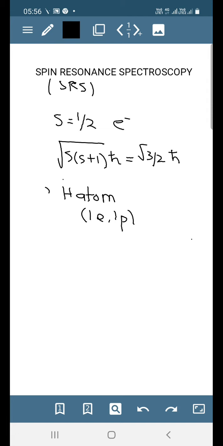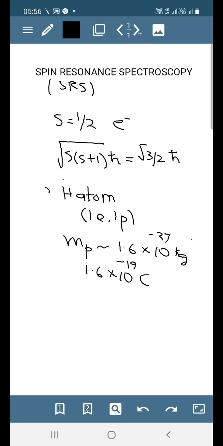The mass of the proton is 1.6 into 10 to the power minus 27 kg, and charge is of course 1.6 into 10 to the power minus 19 coulombs. Now this proton has also got a spin half.